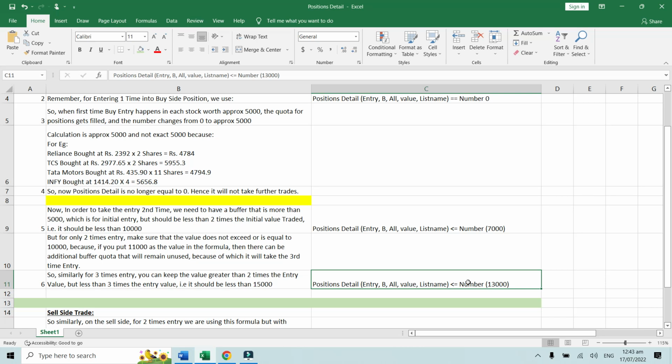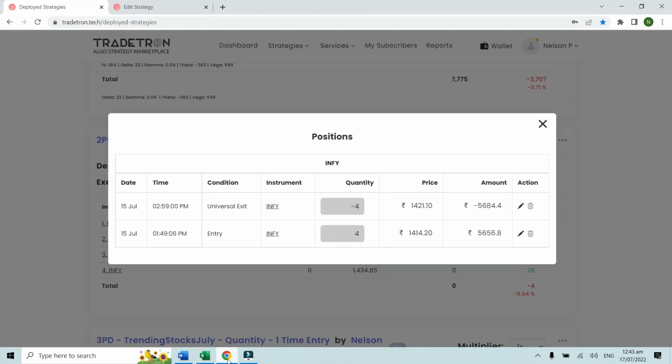So once the 10,000 is complete, it should not take the trade anything more than that. All right. So after it takes the trade the third time, the position detail value will automatically be recorded as around 13 to 15,000, right? So it will not take the fourth trade. So that's the reason why we restrict the trade this way in case of restricting the trade based on value. So I will just show you the trades that have happened.